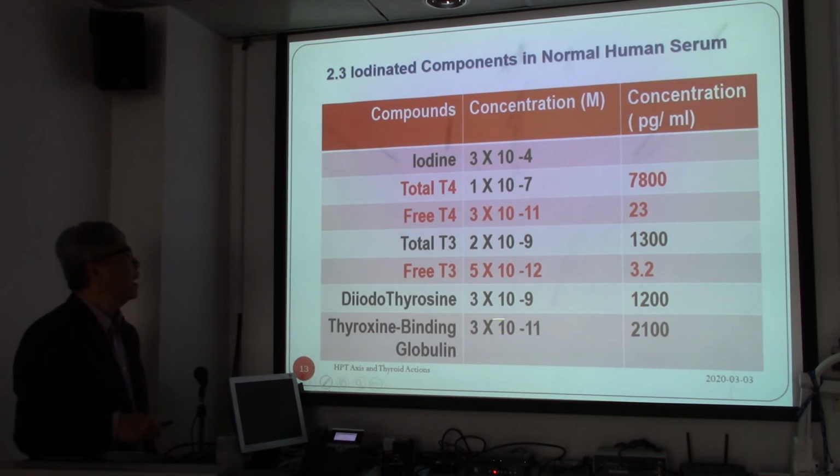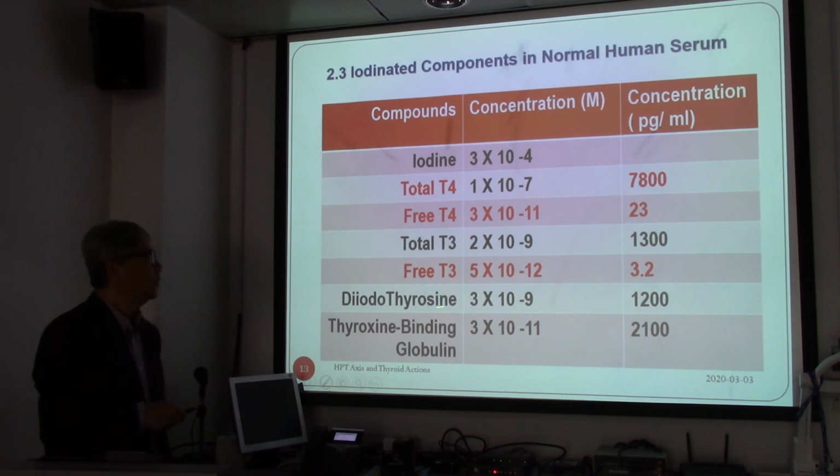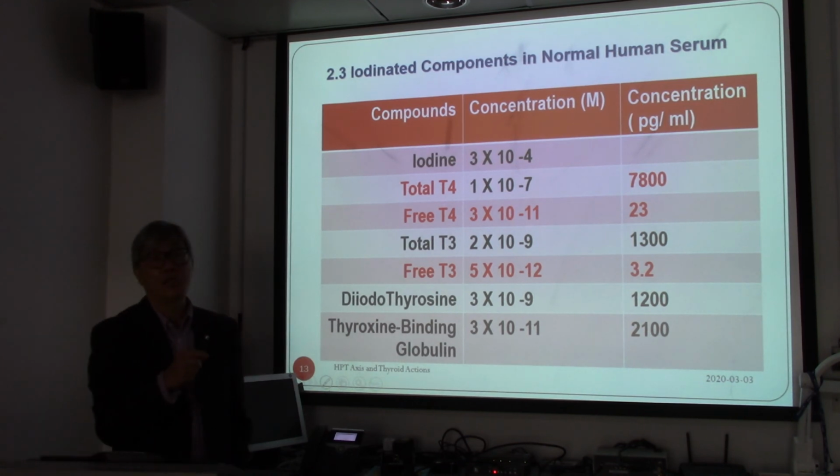This is the amount of this globulin, 10 to the minus 11, this is 10 to the minus 9. Some of them are diiodo, these are T2. T2 is also in reasonably comparable concentration with T3 in our serum.